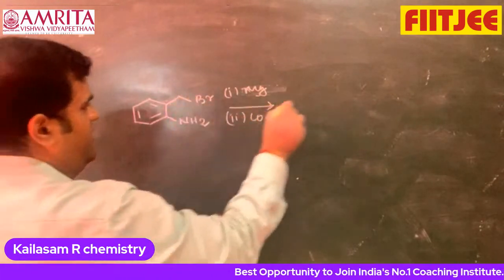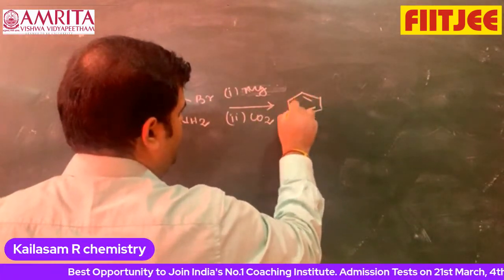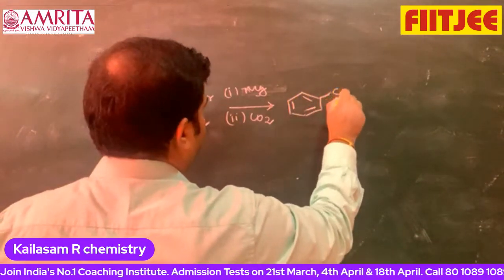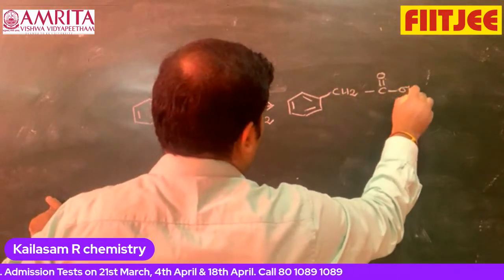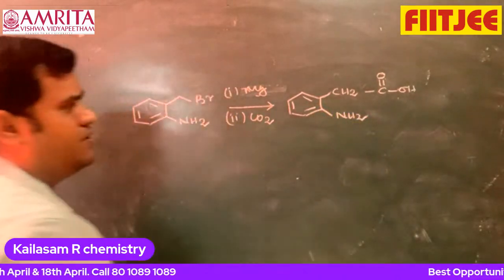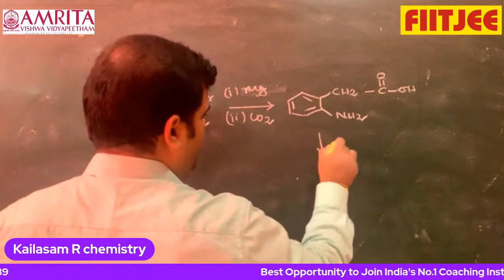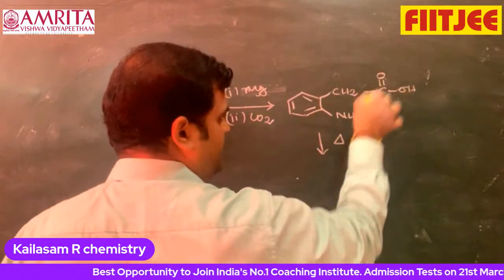What are you going to get? MgBr, you'll be getting the compound CH2, C double bond O, OH, and this is NH2. Now if I am going to heat it very strongly, strong heating, this is an acid and amine, and a water molecule is lost.